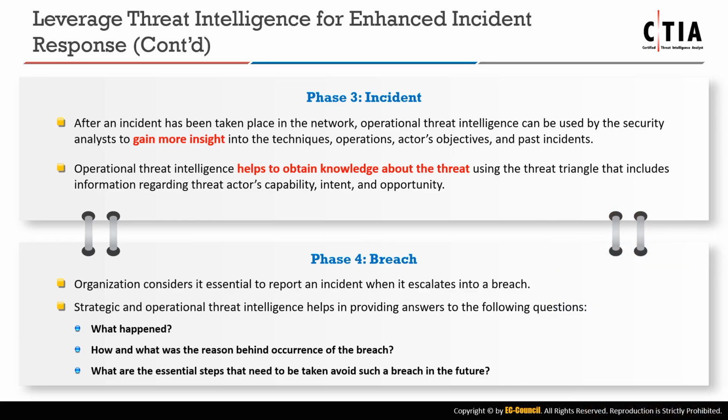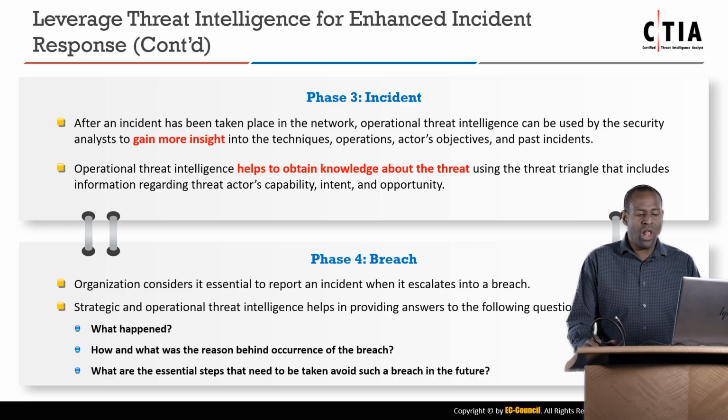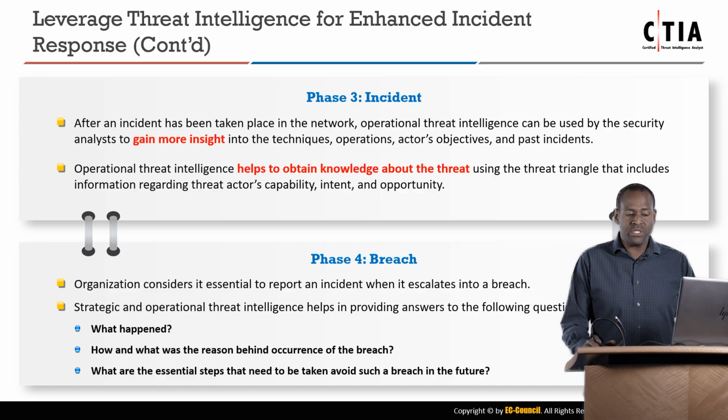So after an incident has taken place in the network, it's already happened, we have operational threat intelligence that can be used by our security analysts to gain more insight into the techniques that were used for the incident, the operations that took place, the actors, objectives, past incidents, etc. So we can gain insight into that incident, and then the threat intelligence helps us to get knowledge about the threat using the threat triangle that we talked about a little while ago, that gives us the information about that actor's capability, intent, and opportunity.